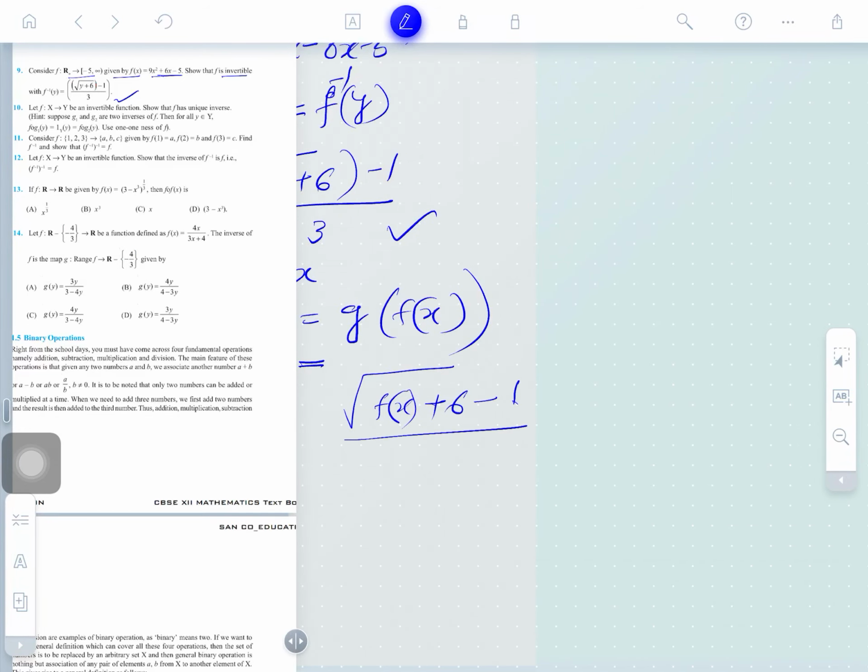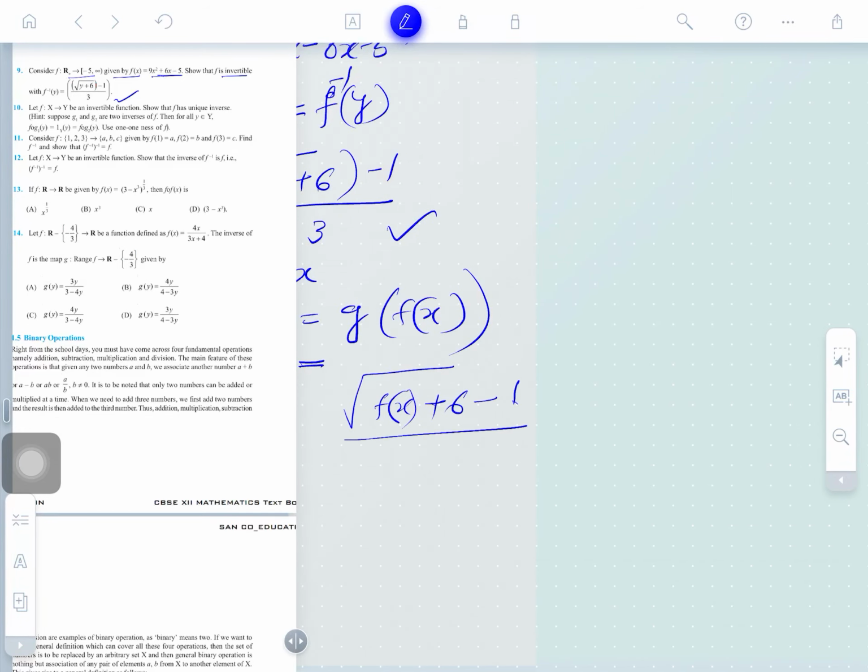And what is the value of f(x)? Here it is given, 9x square minus 6x plus 5, and plus 6 also there, minus 1 there, divided by 3.